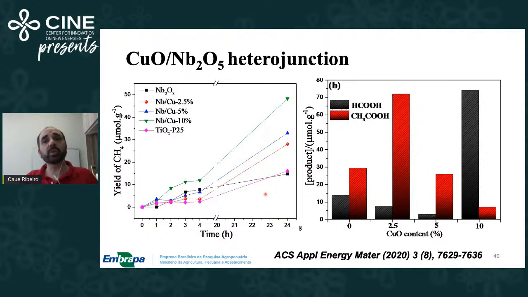So what we can see is that this separation can be interesting also to produce C2 compounds. In some situations where we have covering of the semiconductors, not fully covering the semiconductor, using, for instance, only some spots of one semiconductor or another one, we can increase the production of C2 molecules.